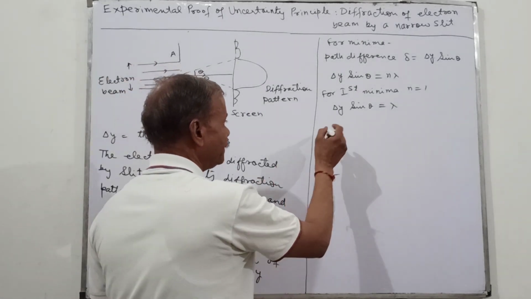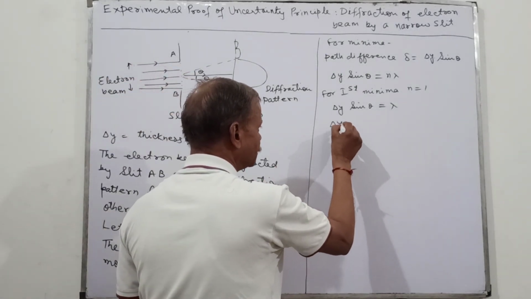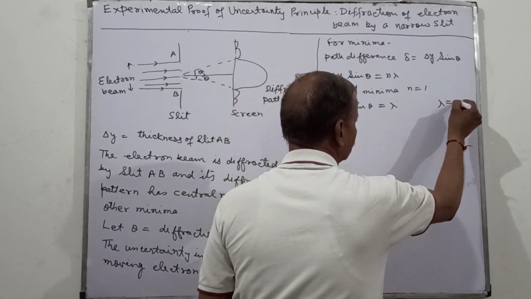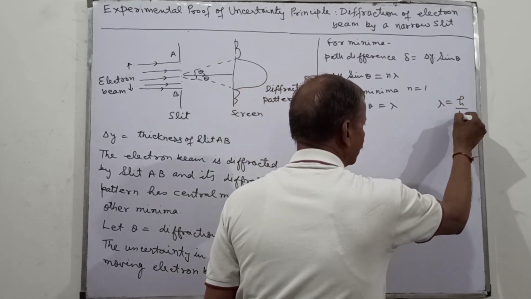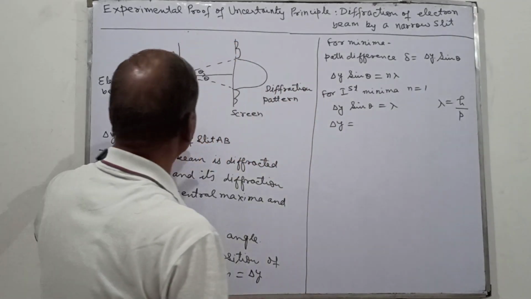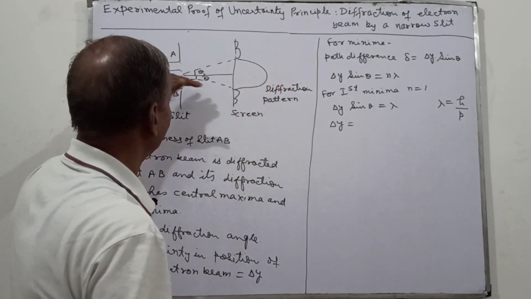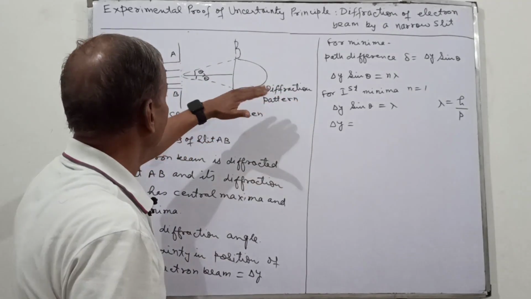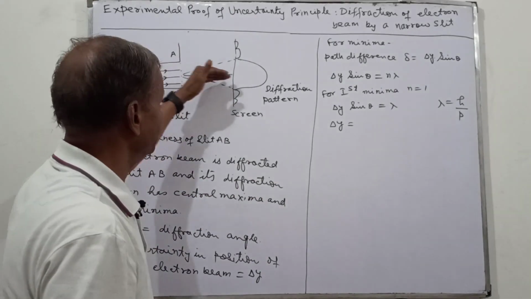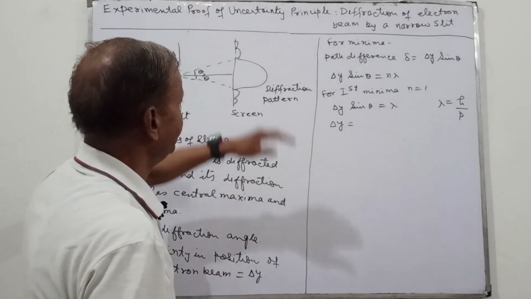So this delta y will be equal to how much? Delta y equal to, now this lambda equal to h upon p, p the momentum. So now electron is moving in this direction, so this is now x direction, and the momentum can be resolved into two components, one along this x axis, second this y axis.